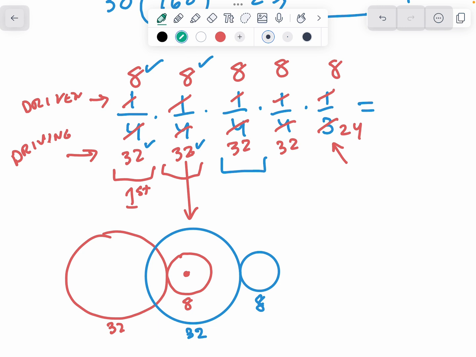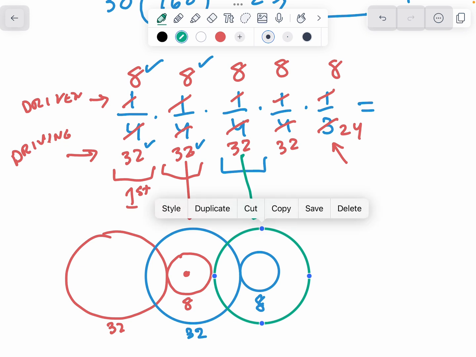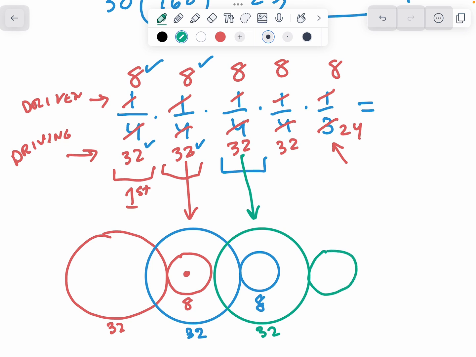So now this 32 is going to go here. So now I draw my circle. And that is going to be driving this 8. So that's our 32, and that's that 8.